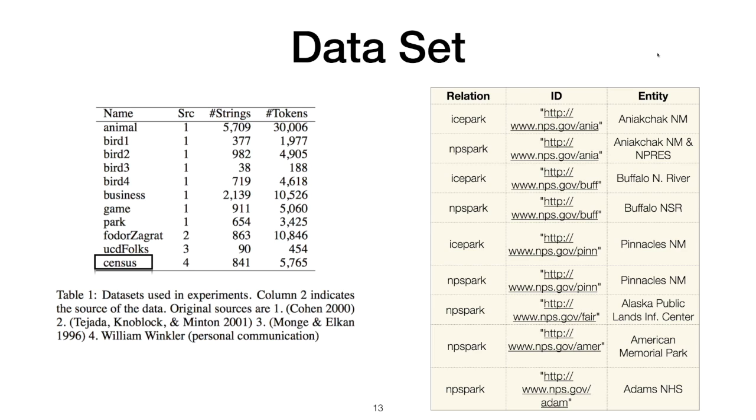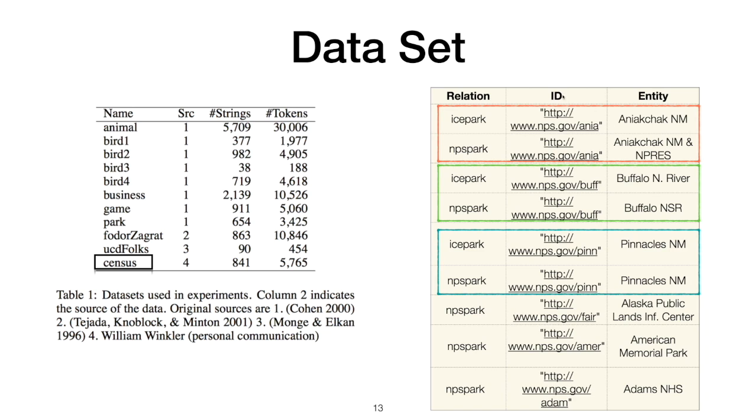And the third column is the entity name, which is the thing that we need to match. If two entity names share the same ID, we count them as matched. So the ID here serves as the ground truth label when we test our string distance metrics.